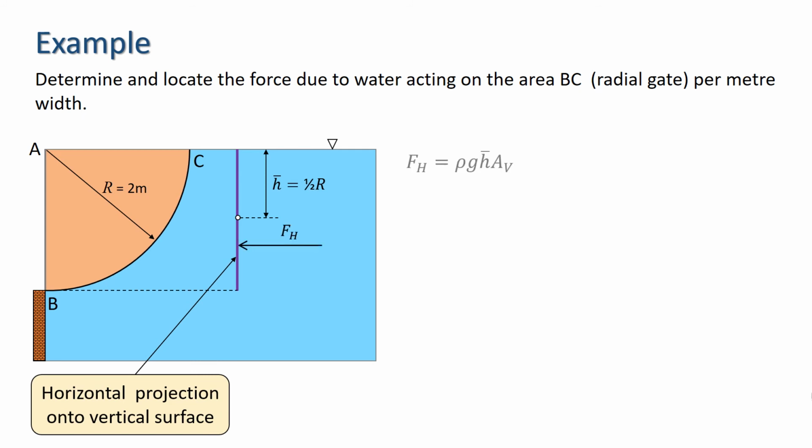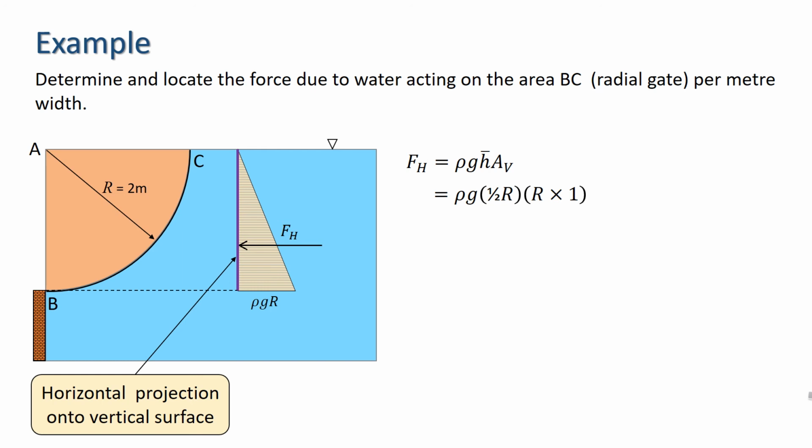Thus, the horizontal component of the force is ρg times a half r times 1. Alternatively, we could use a pressure prism, which has a base length ρgr, height r and width 1, generating a volume of a half ρgr squared, which of course gives us the same result.